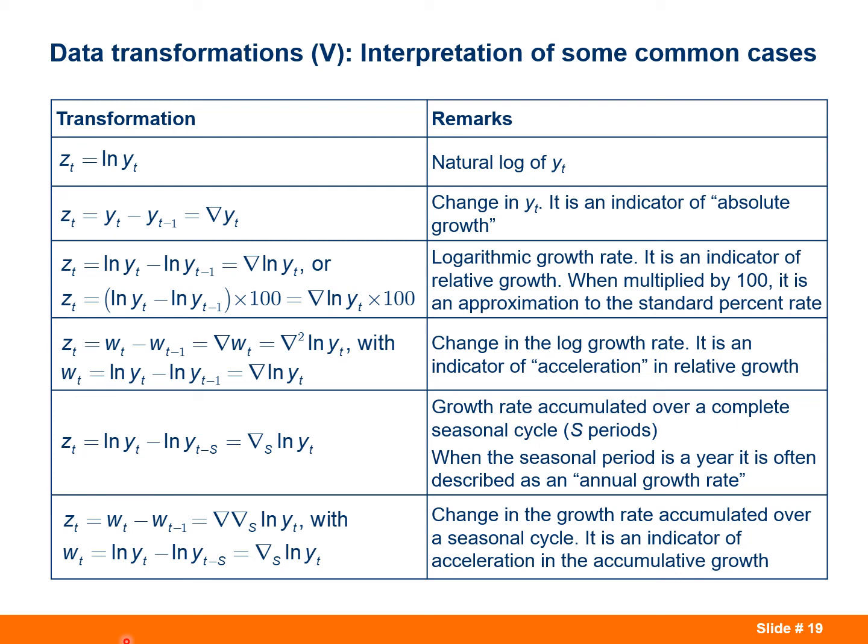Imagine, for example, that Wt is inflation. So we are comparing the consumer price index in the current period with the same value 1 year ago, both in log terms. What we would have here would be the log inflation rate. And then we compute the current inflation rate minus the inflation rate that we had 1 month ago.